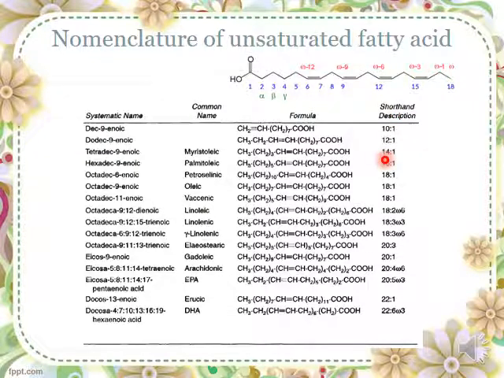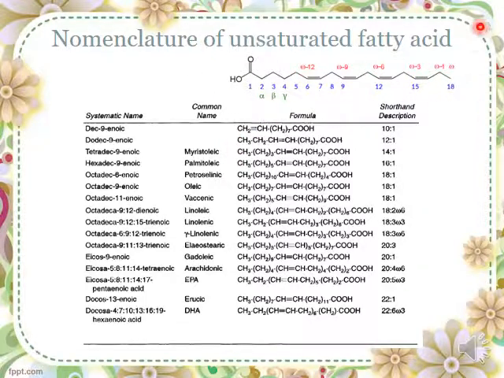So note that this abbreviated numbering uses the omega system. So it is in the context of human diet. The omega system is used in the context of human diet, where the classification of the position of the double bond is the one closest to the omega carbon, so from the methyl end.